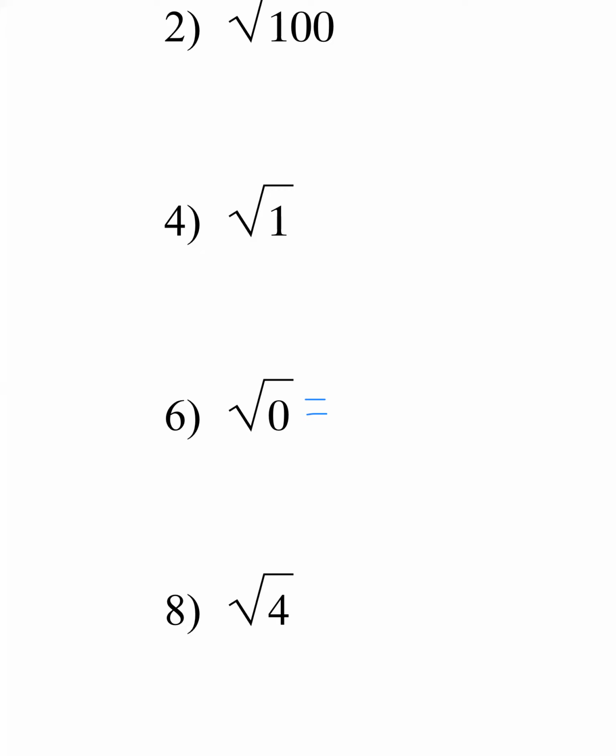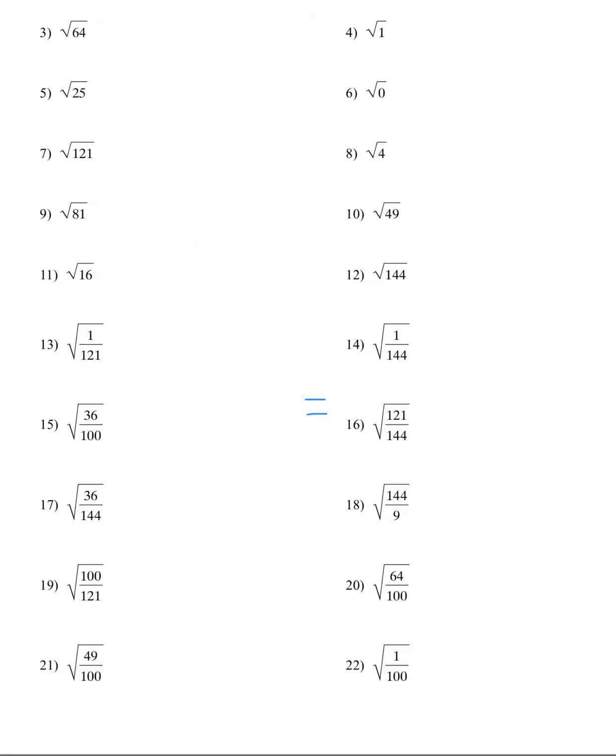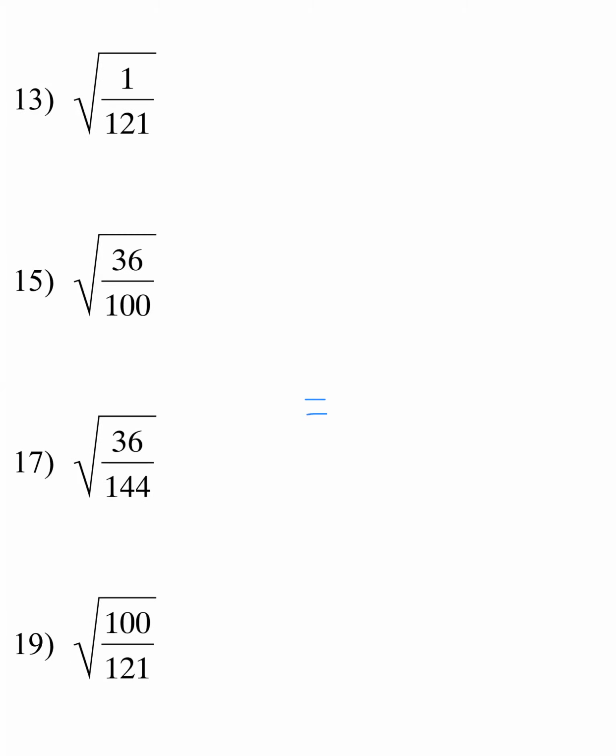And then I do want to jump down to these ones at the bottom that are fractions. I know you might be looking at this like, oh my goodness, is she nuts? I'm not dealing with a square root and a fraction. It's actually super, super easy once you know how to deal with it. Turns out when you take the square root of a fraction, you're really just taking the square root of the top number and the square root of the bottom number separately.